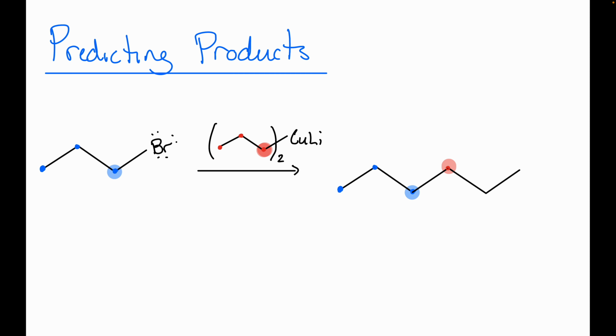Okay, I have my electrophilic site and my nucleophilic site. I guess we can just say, here's our E site. Here's our N site. And we have this new carbon-carbon bond between our nucleophilic carbon and our electrophilic carbon.